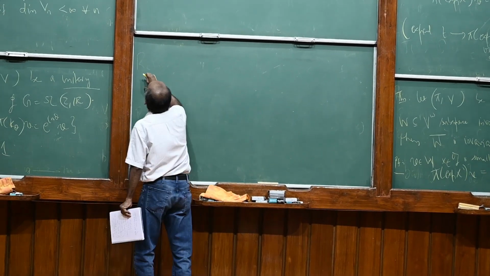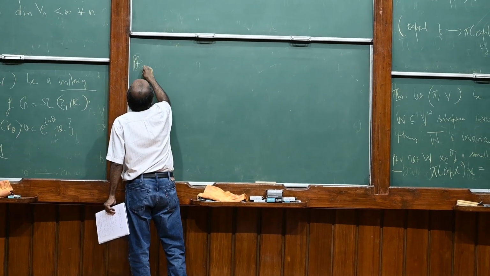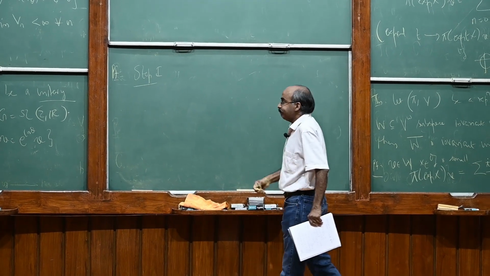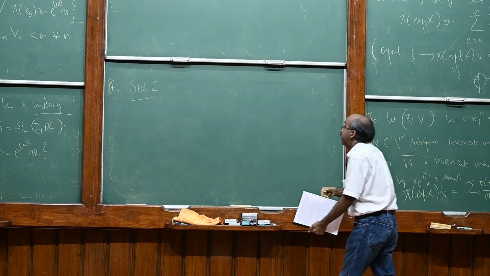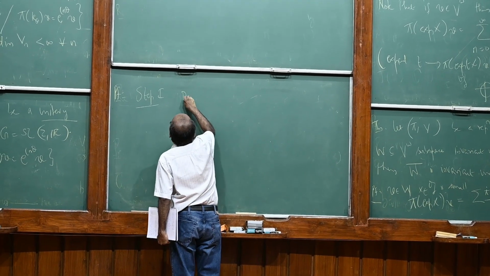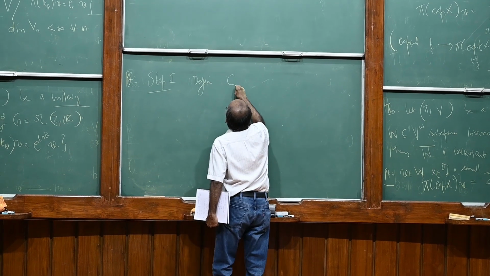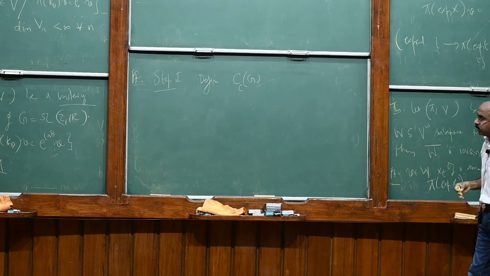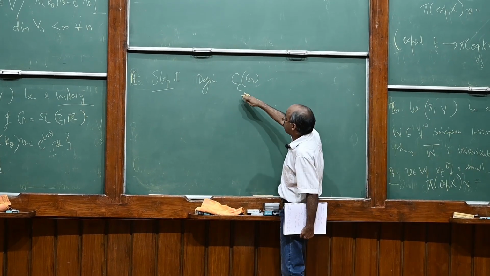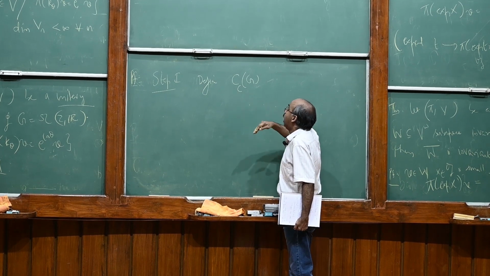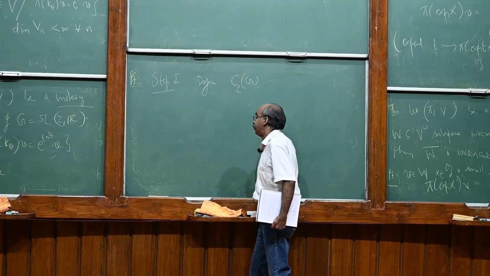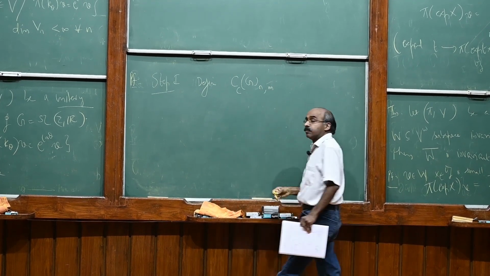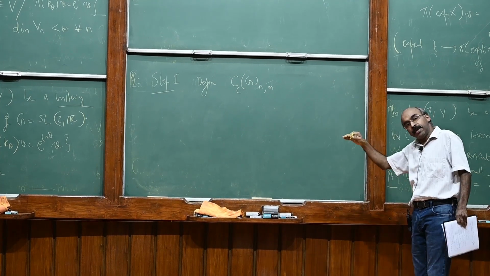Okay, so let's start with the proof. Step 1. We define a certain class of functions. CcG was already defined: the continuous functions with compact support. Now we look at a class of functions which transform according to representations of K. I'll put an n and m here, where n is on the left and m is on the right.